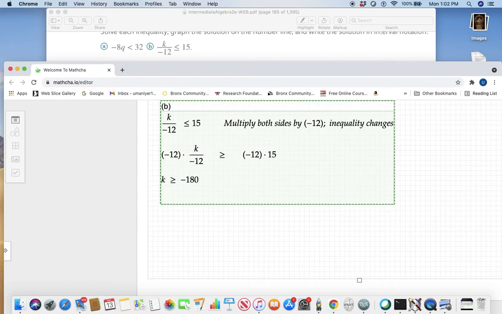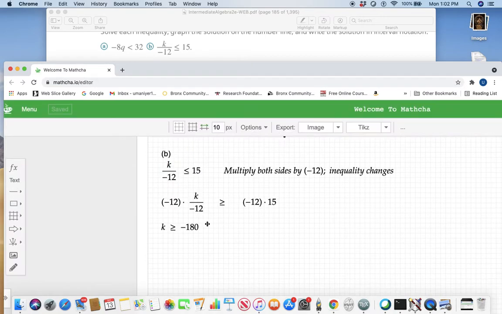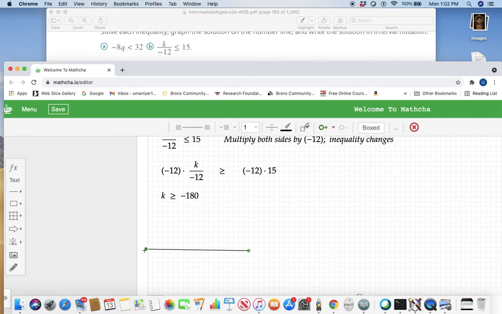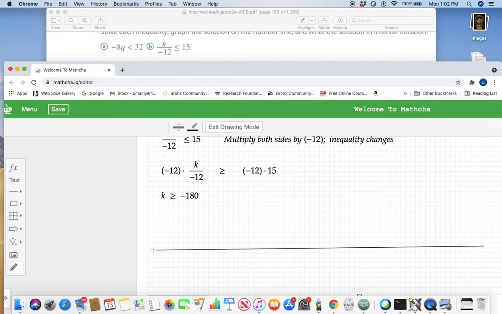So, drawing its graph, you start with a number line. Okay, negative 180 is somewhere here.